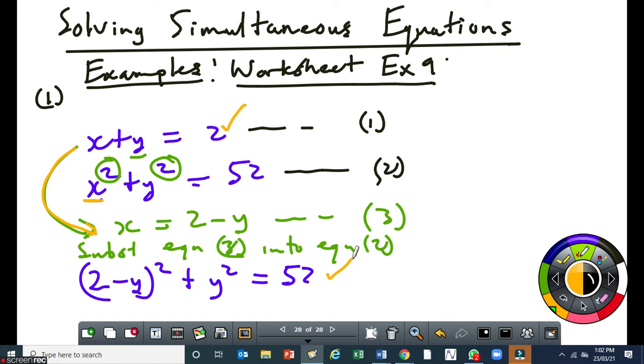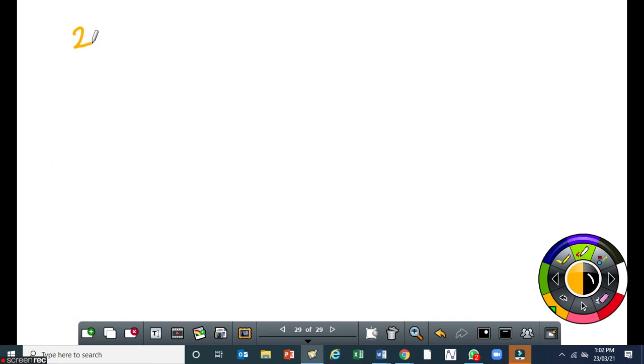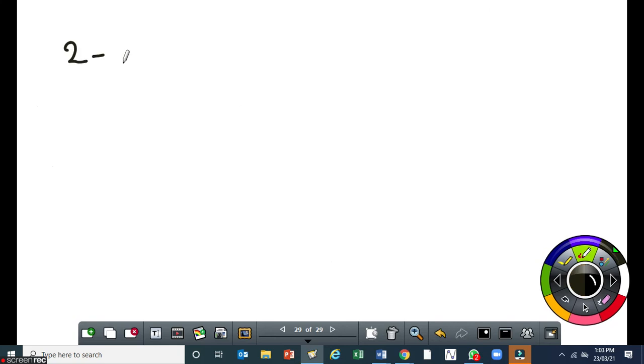Now I'm sure you can see here that we have got brackets. So I have to remove those brackets by using FOIL, and then I'll create a quadratic equation in terms of y. So my next step is going to be 2 minus y times 2 minus y, that's plus y squared equal to 52.